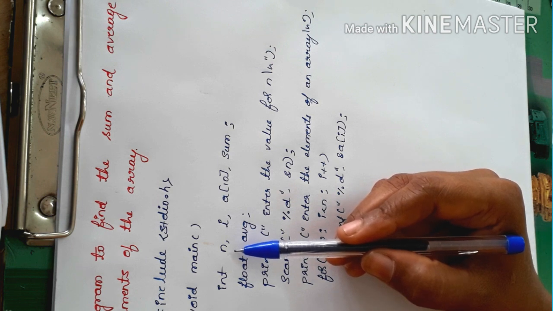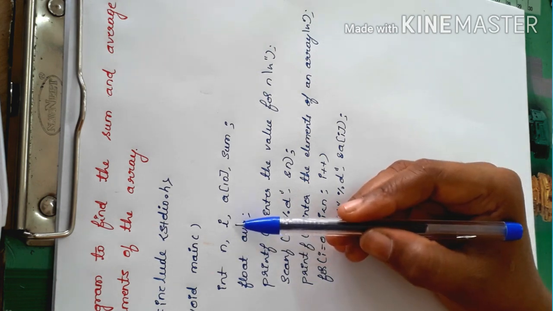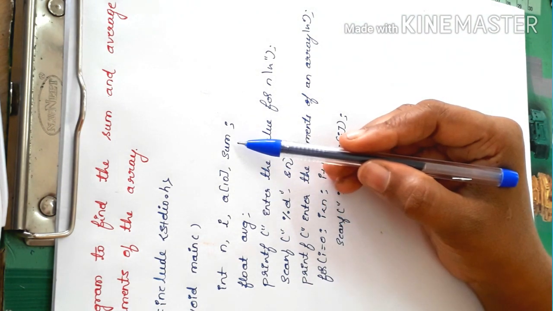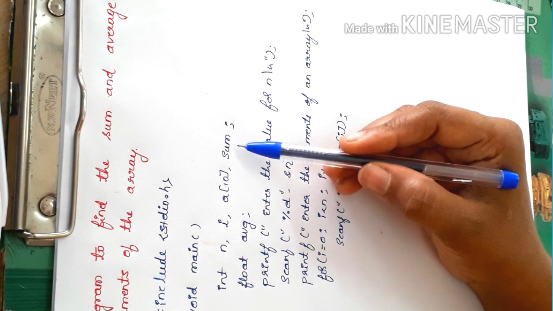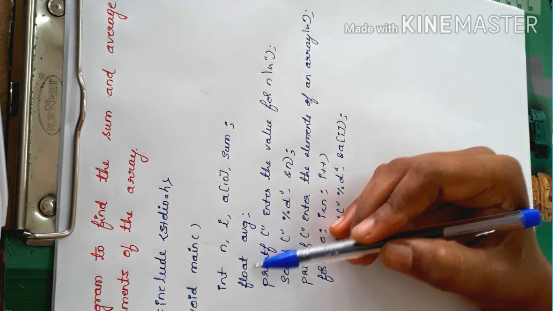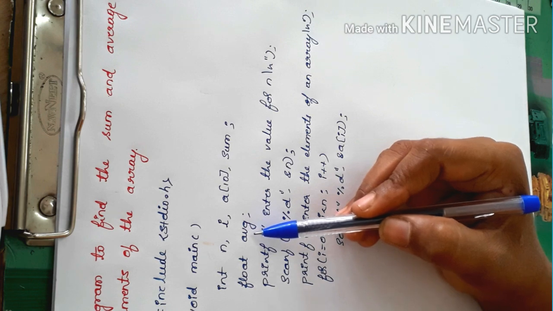Here, I have declared a variable n which indicates the number of elements that I want to input to the array. Next, i to indicate the position of the array elements. A is an array and sum to store the sum of all the elements of the array. Next, I have taken a variable average, of type float, to store the average of n elements of the array.